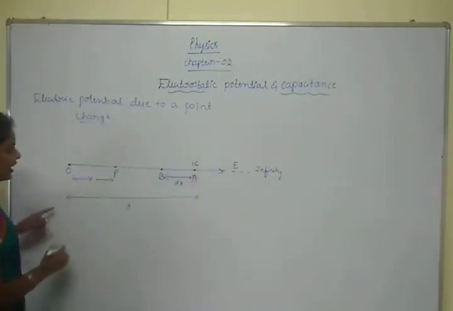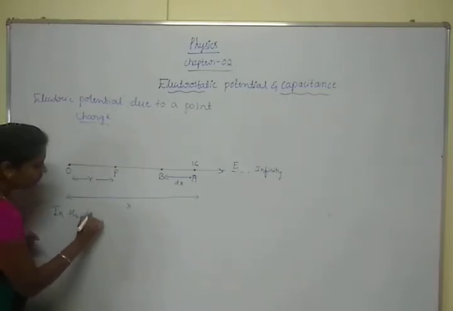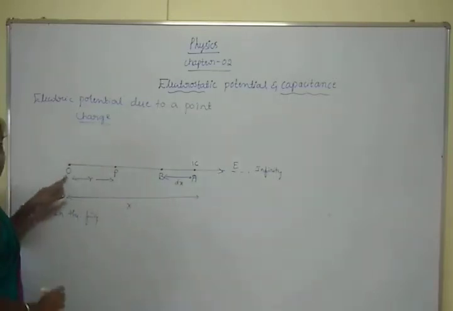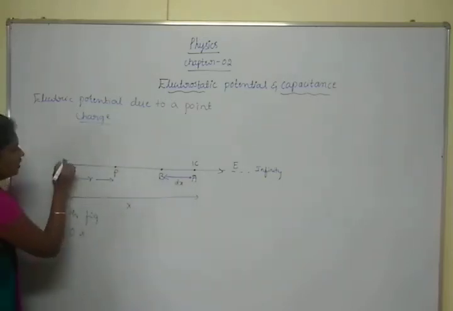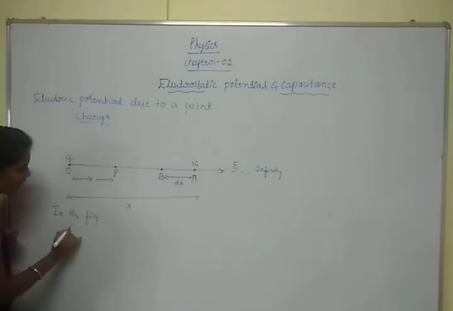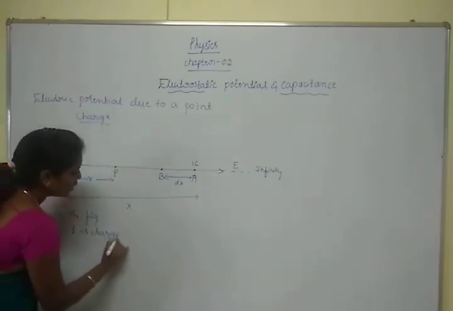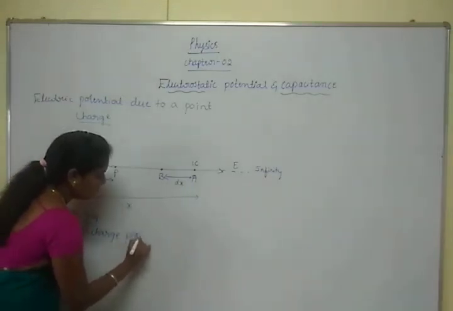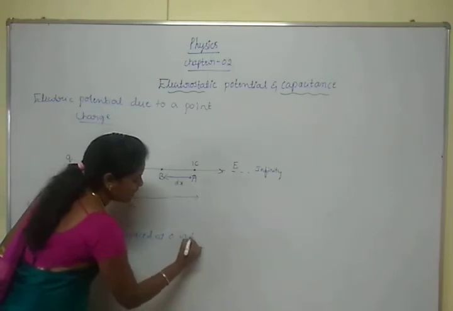So, in this diagram, in the figure, O is a point where Q, a charge, is placed in free space.